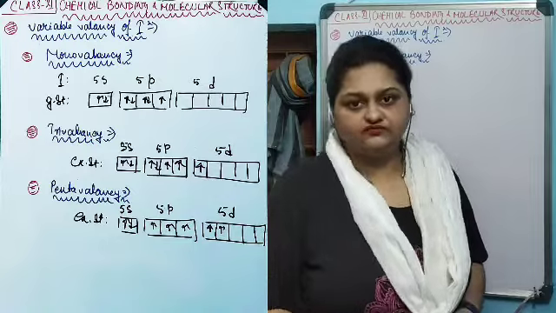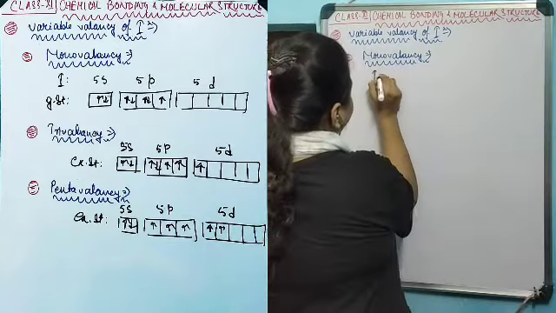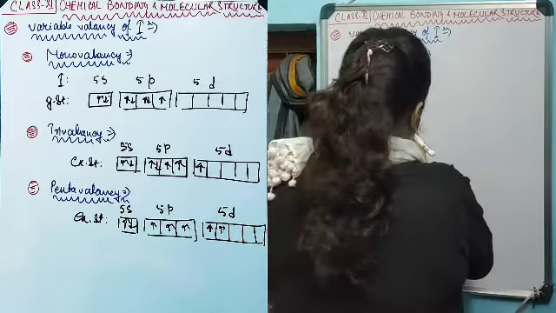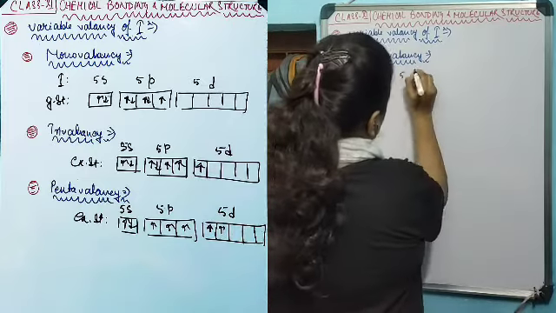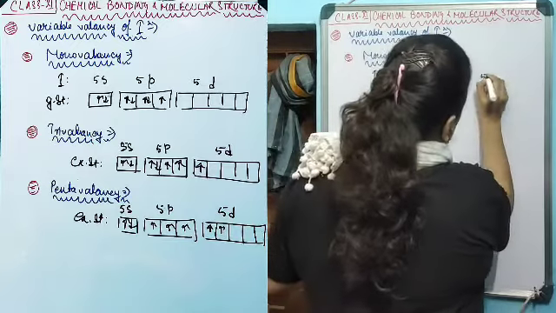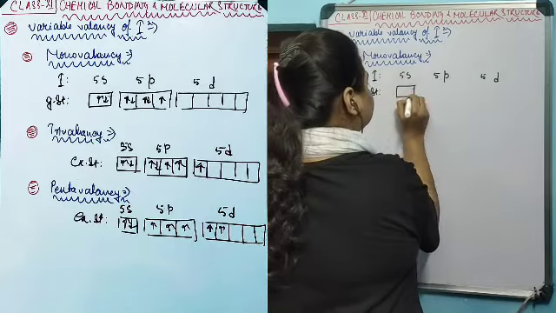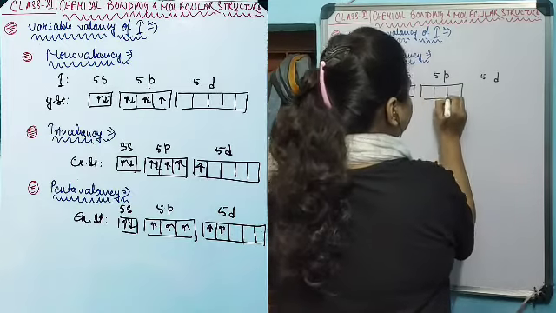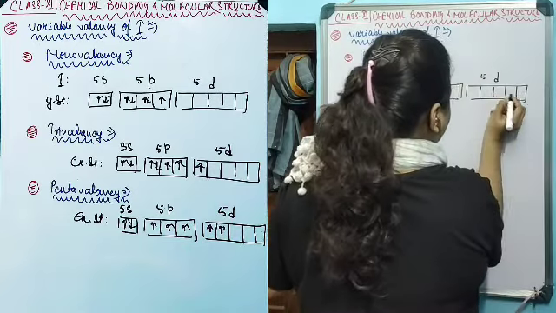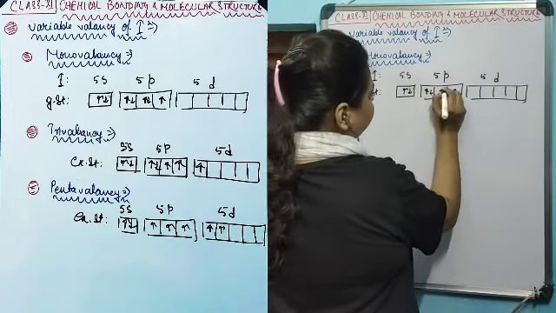Iodine also shows variable valencies. Now the ground state electronic configuration for iodine is 5s2 5p5.